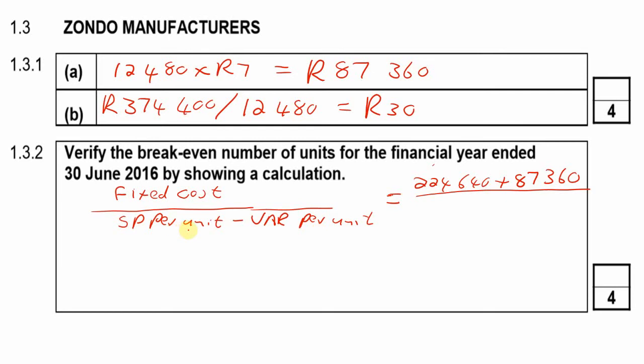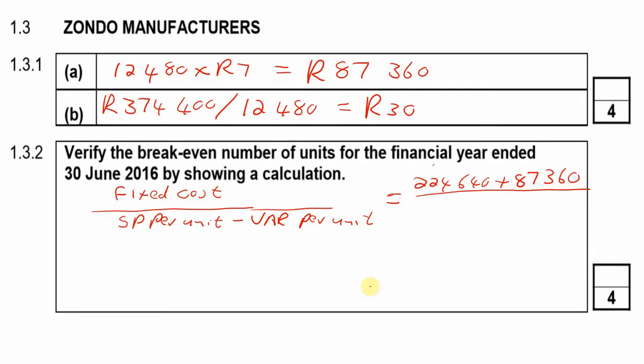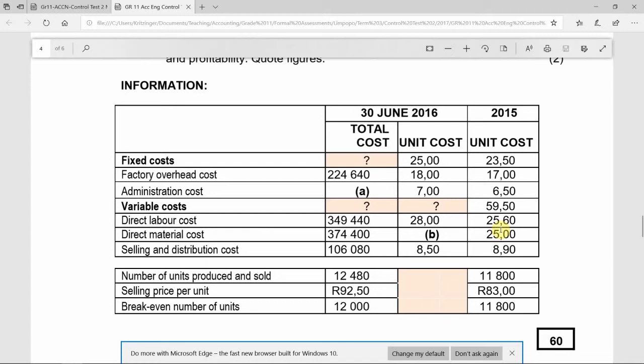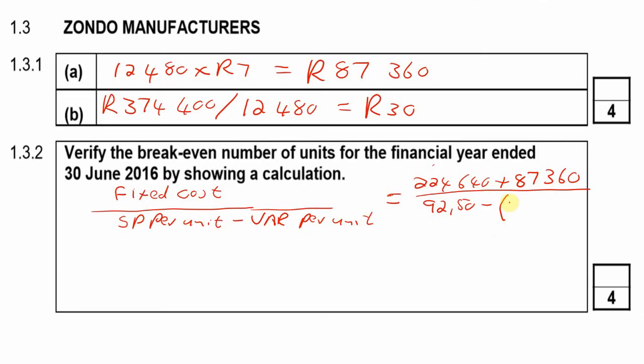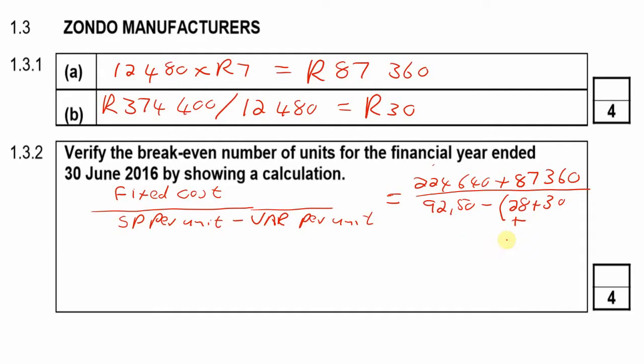And that we need to divide by the contribution, which is the selling price per unit, which is 92 Rand 50, minus the variable cost per unit. So we have all our unit variable costs: 28 plus the 30 we calculated plus the 8 Rand 50.